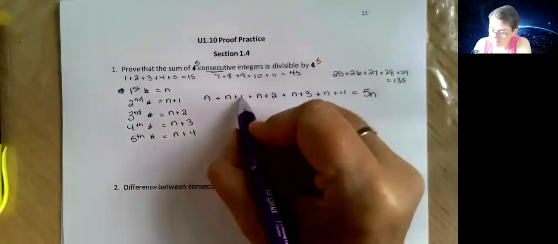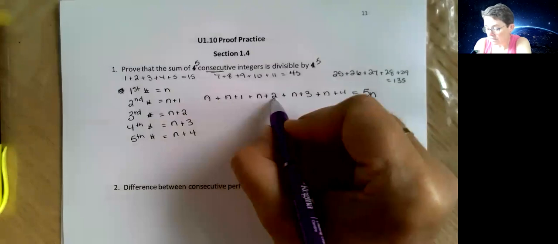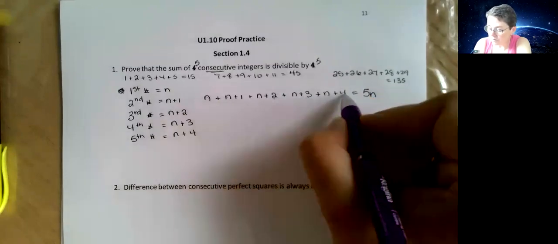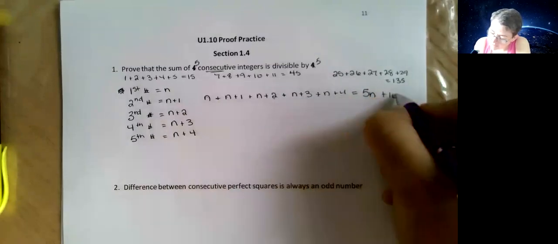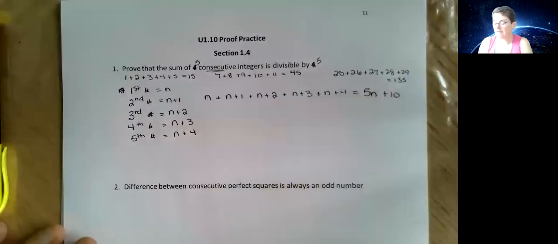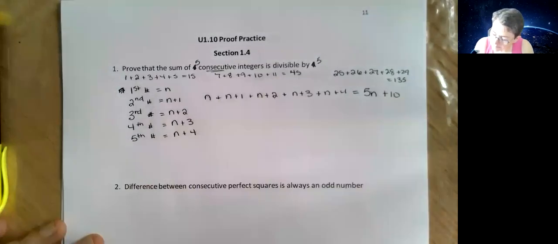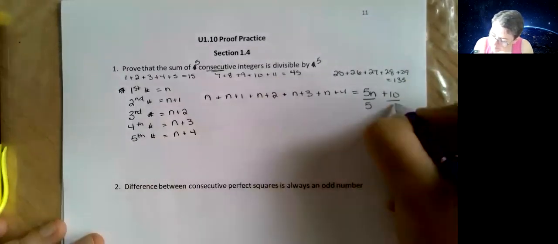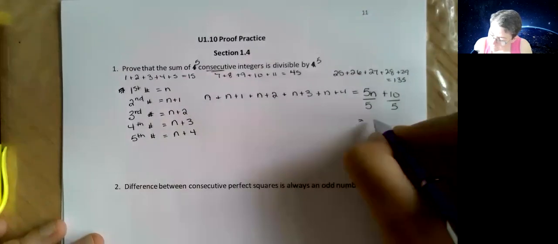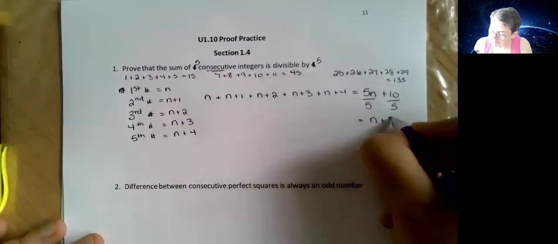And 1 plus 2 is 3, and 3 more is 6, and 4 more is 10. Okay, so the sum is 5n plus 10, and I want to prove it's divisible by 5. Factoring out the 5, I get 5 times n plus 2.